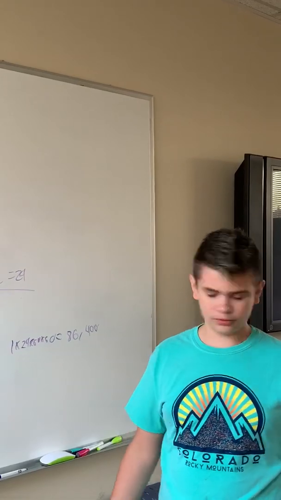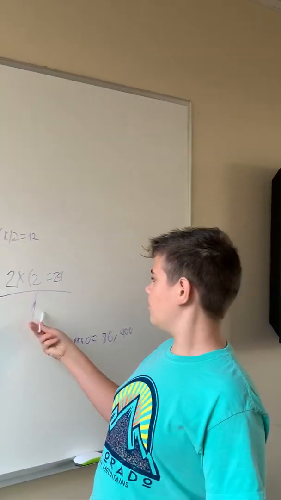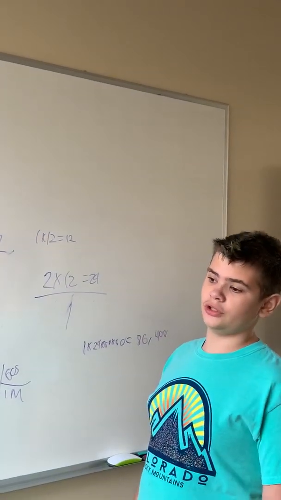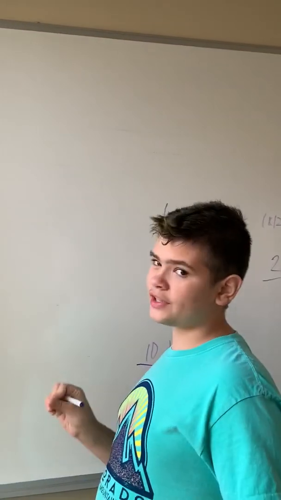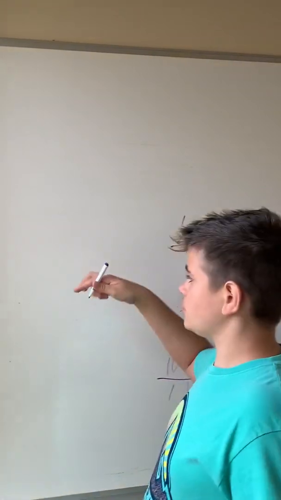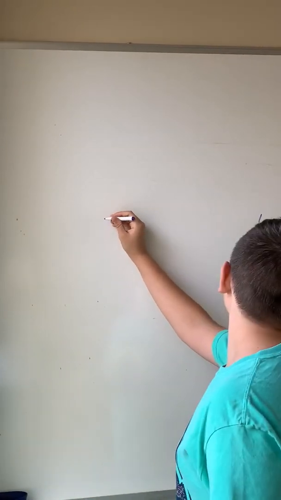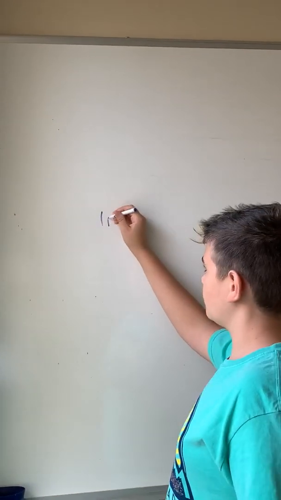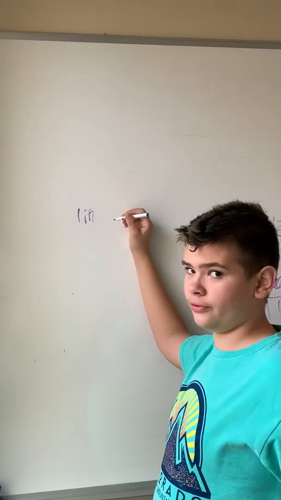So, next up, we're gonna talk about division. It's fun. We use division when we're going bigger. We have 1 inch, trying to figure out how many feet are in an inch.